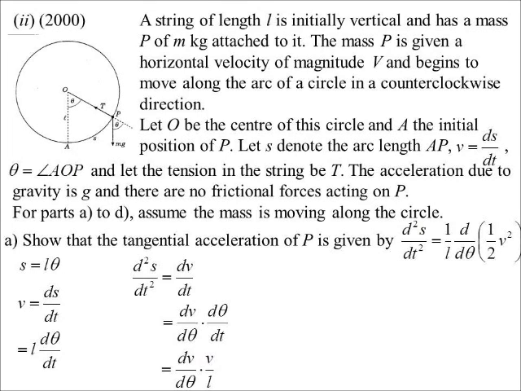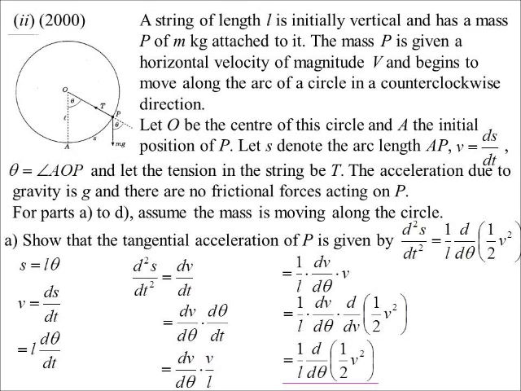So I've taken out the constant 1 on L out the front because we want that. And so now I've got dv/d theta times v. But v I can rewrite as d/dv of a half v squared. So the dv's cancel, and there it is. So exactly the same technique that I used when we proved d/dx of a half v squared. You can see why that's considered a harder 3-unit question, I guess.